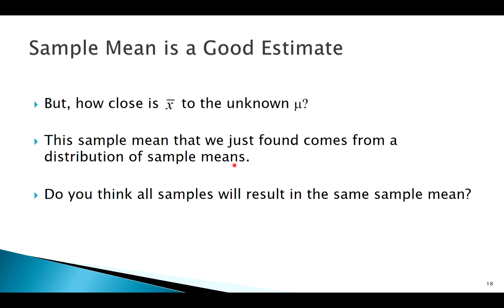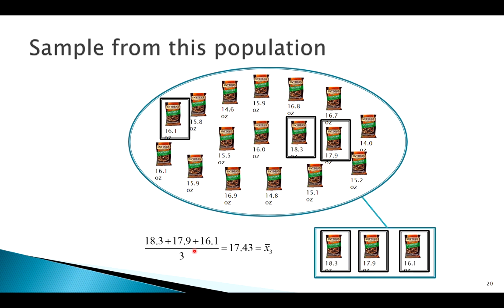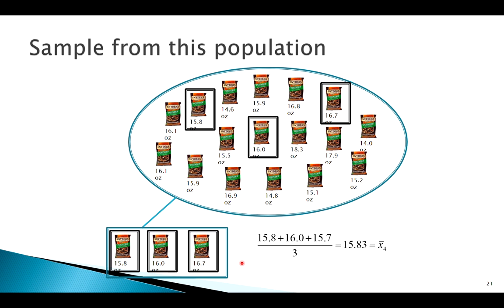Just because we sample again from the same population, maybe I go to a different vending machine. 1, 2, 3 bags out of that vending machine. I get an average here of 15.3 ounces. Go to another vending machine, 3 different bags, 17.43.